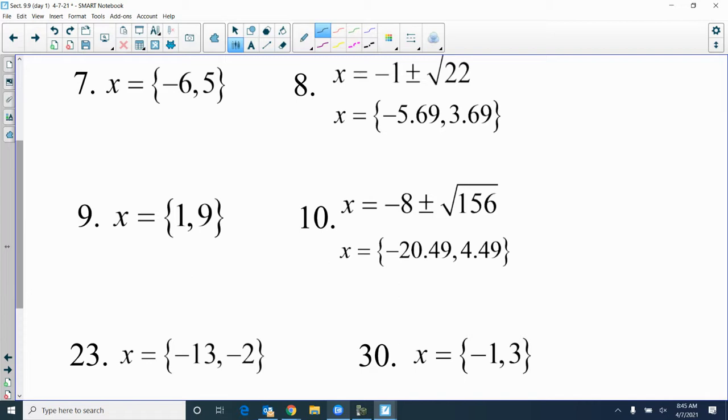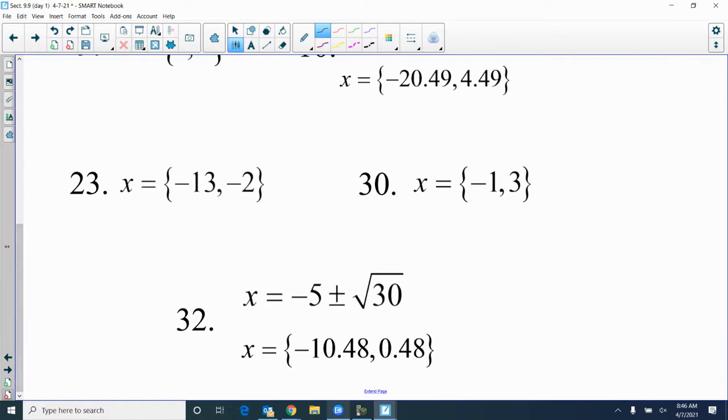And then that becomes the decimals, negative 20.49 and 4.49. And 23 is negative 13, negative 2. 30 is negative 1, negative 3, and then 32 is negative 5 plus or minus the square root of 30, and then negative 10.48 and 0.48 for that.